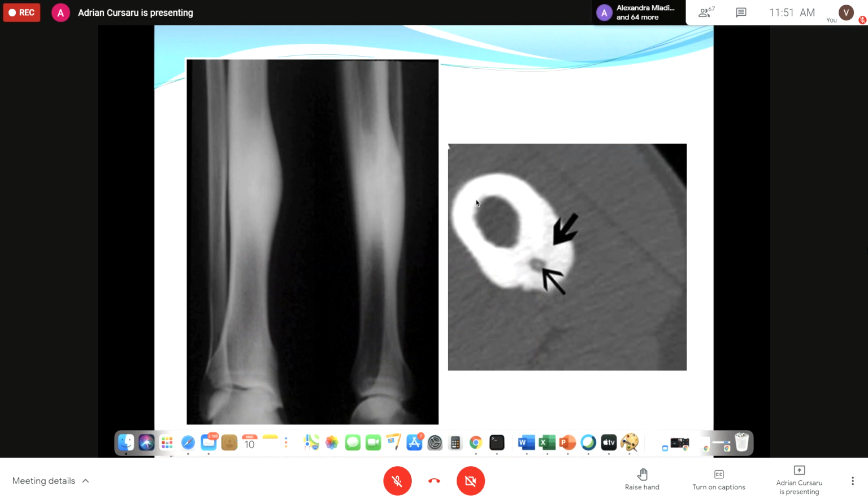Here is the intramedullary canal, okay, and here you can see something abnormal on the cortical part, an osteolysis, and then a small osteocondensation. That's a specific image for a benign tumor, for osteoid.